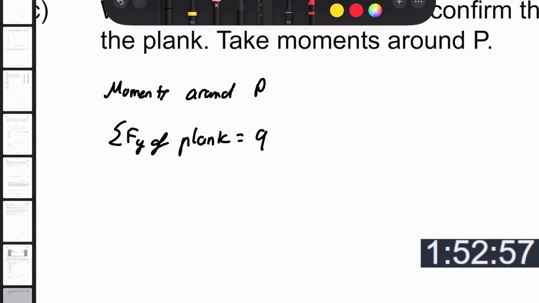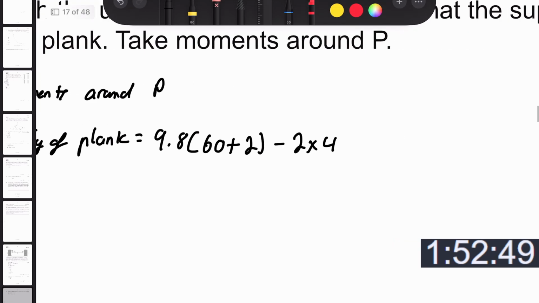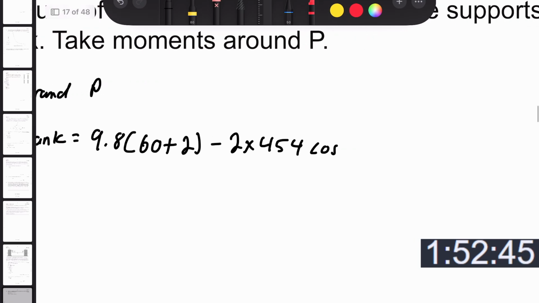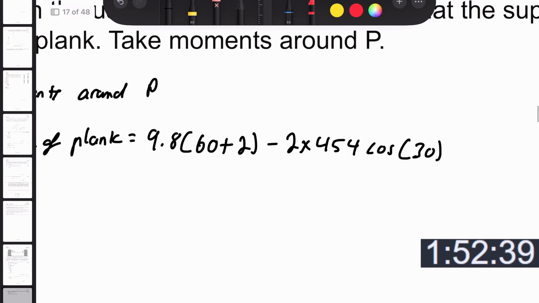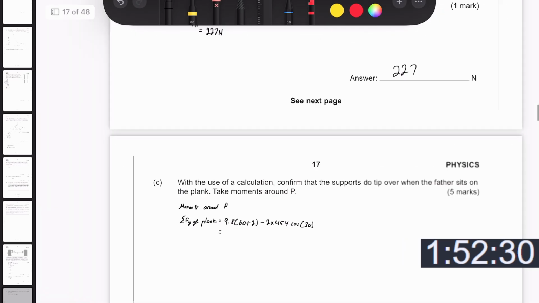The plank is going to be 9.8 times 60 plus 2 minus 2 times 454 cosine of 30, it's negative.